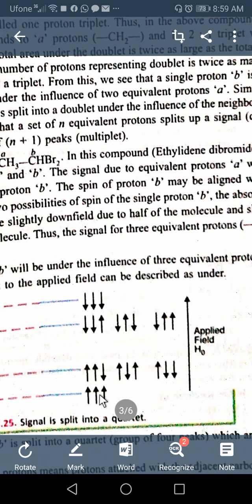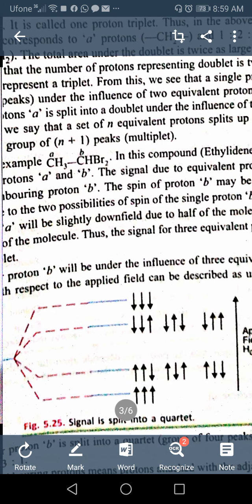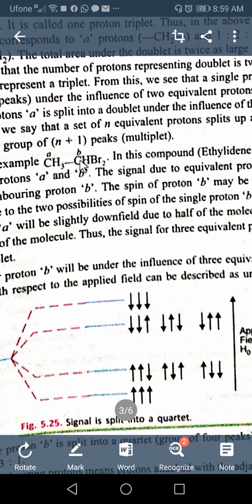This arrangement has the highest delta value, then this arrangement has a lower delta value, this has a further lower value, and this has the lowest delta value. So four different lines are produced in the quartet of the CH signal in CH3CHBr2.